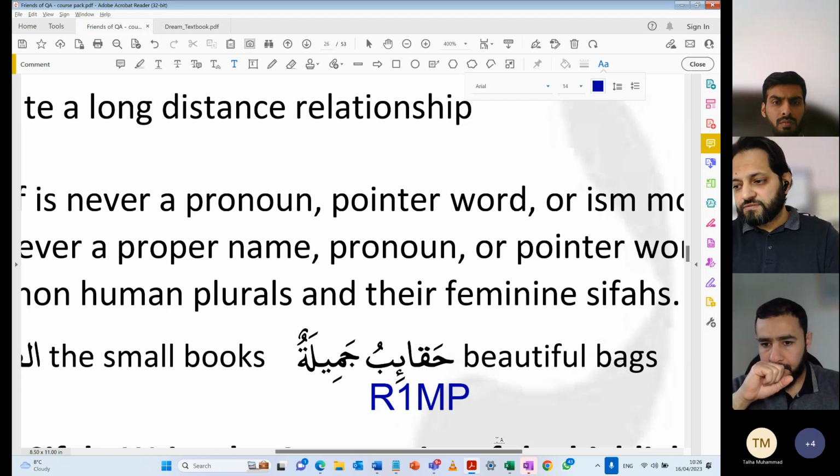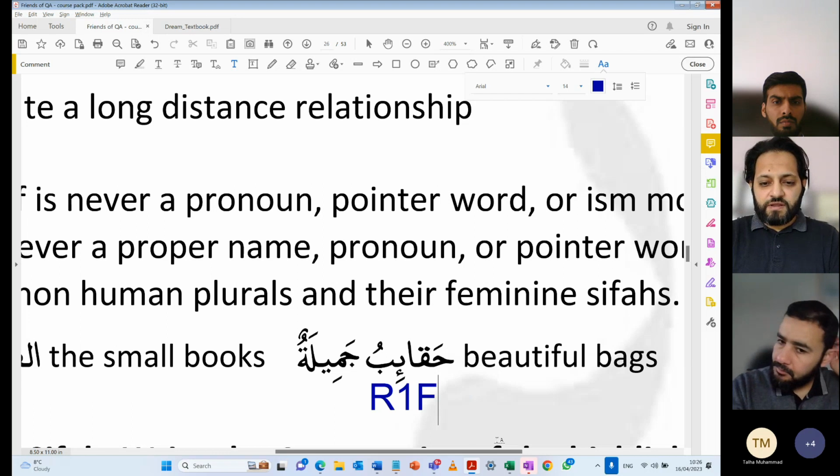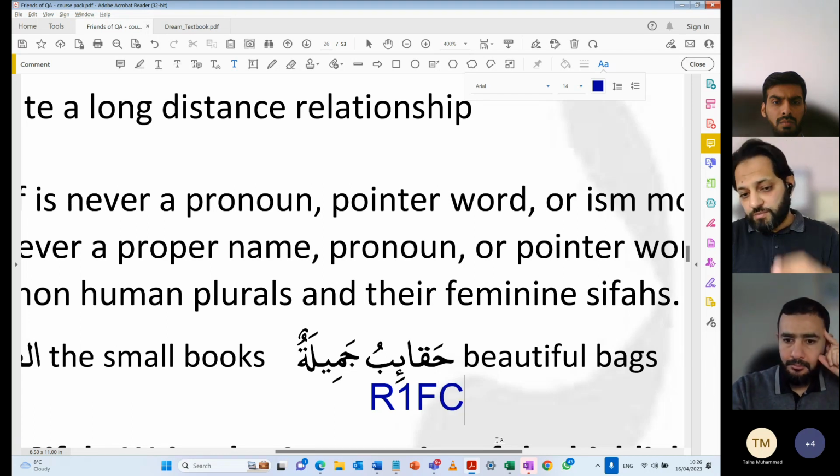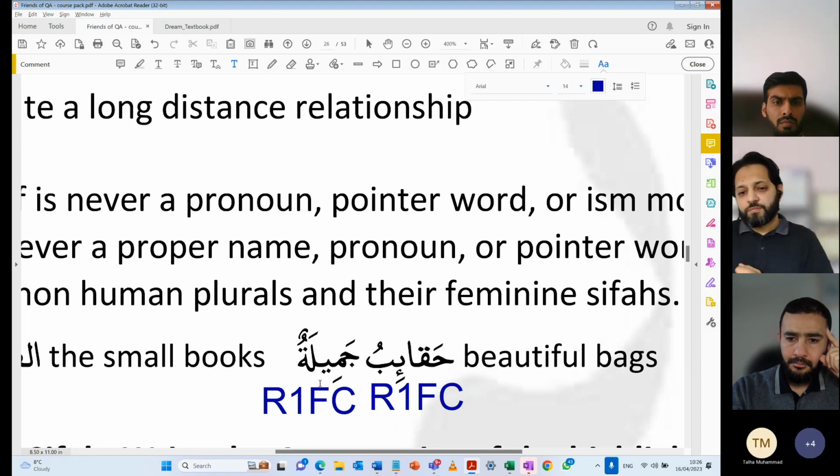this is not the case. It's a broken plural, right? So it's singular, feminine, sorry, not proper, common, and common, right? And then Jamilatu would also be rafa, singular, feminine, common, right? So the four properties would match.